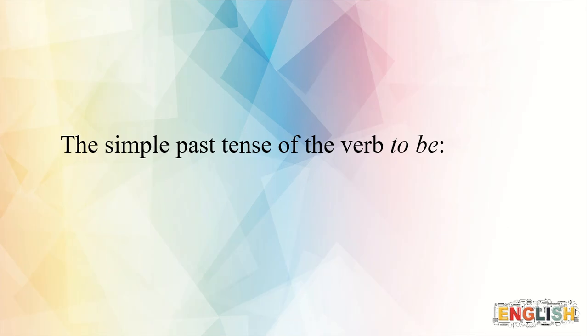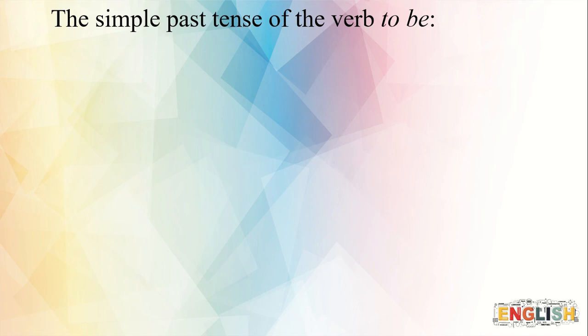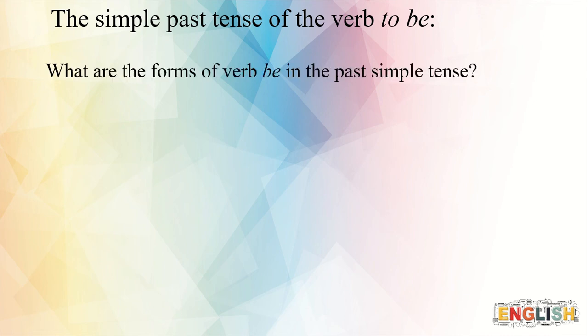Okay, let's go to the simple past tense of the verb to be. What are the forms of verb to be in the past simple tense? Can you remember? We have was and were.